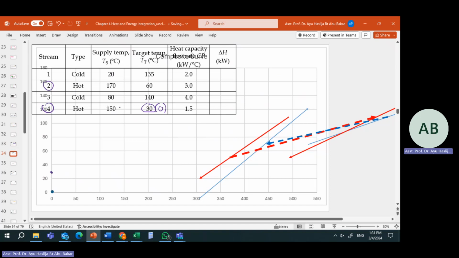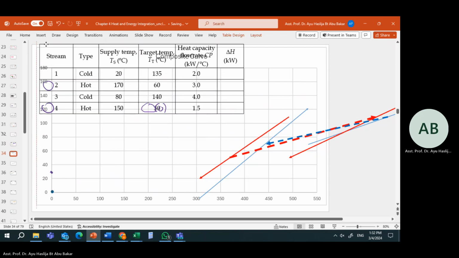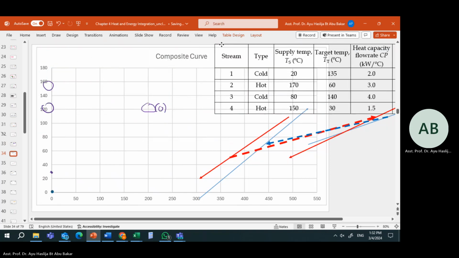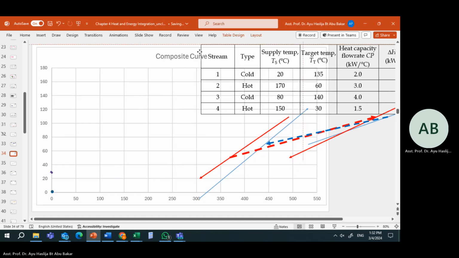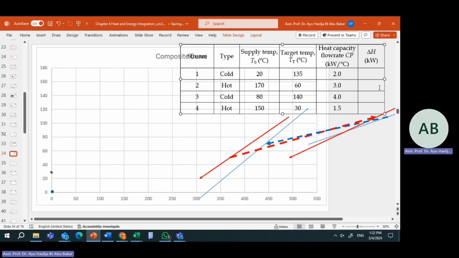Now the T supply is 150. Put it here. Y-axis. Where does the delta H go?